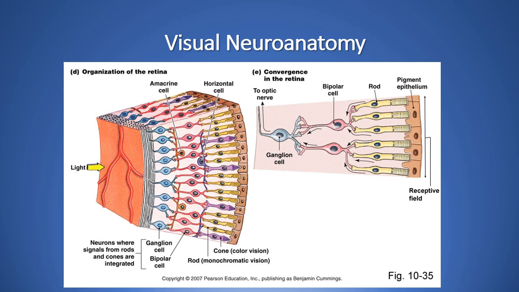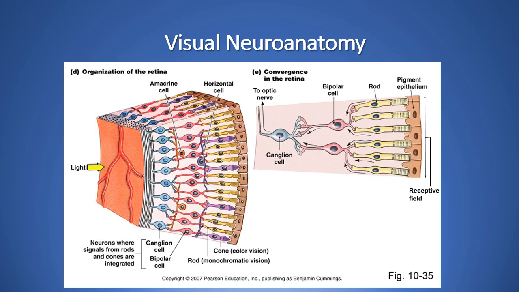It also contains some blood vessels and whatnot. Then it has to pass through the ganglion cells, which is the third in the sequence. Then it has to pass through the bipolar cells, which are the second in the sequence. Then it has to pass all the way through the rods and cones.